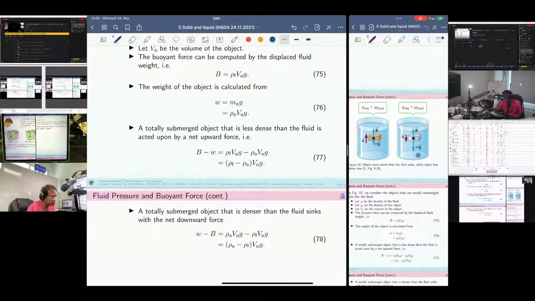Okay. And the net downward force, we consider the situation when this material is going to move downward. We don't consider the steady state, when this object already stays at the bottom of this glass. Okay, we don't consider that.